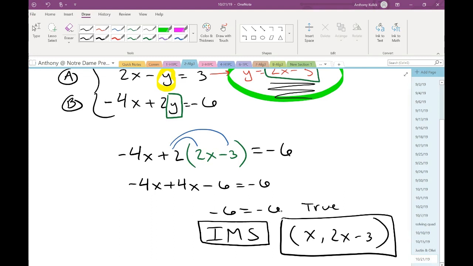So for example, 1, negative 1 would be a solution. 2, 1 would be a solution. 3, 3 would be a solution. 4, 5 would be a solution. Is everybody okay with how I'm generating these values? Okay. Are we okay with where I came up with x comma 2x minus 3?